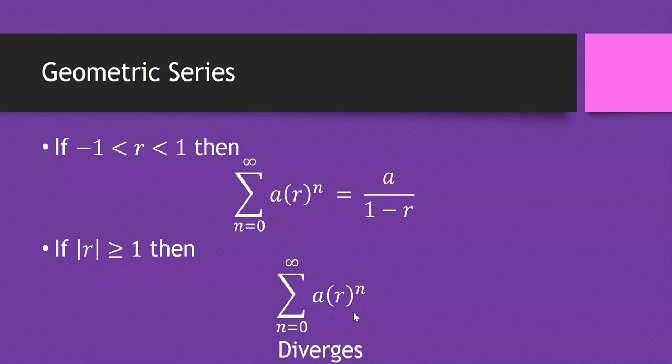It goes off to infinity, or it jumps back and forth between positives and negatives, and then it just diverges in a different way. All right? So this is the rule for geometric series. All we have to do is see that that base is less than 1 in terms of absolute value, and then we can apply a over 1 minus r. If that base is bigger than 1 or equal to 1 in absolute value, then we know the infinite series diverges.